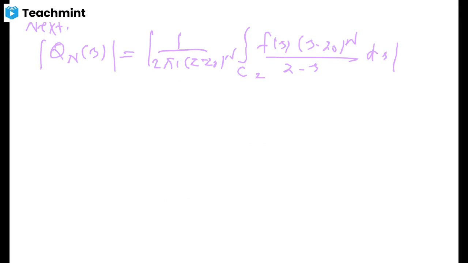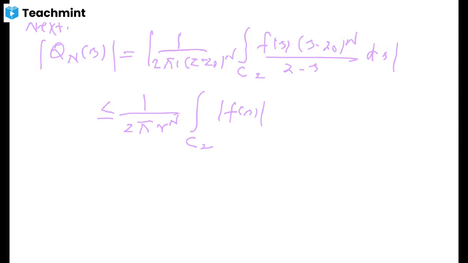Now you use the strength of the modulus and the triangle inequality for integrals. You will have this thing less than or equal to 1 upon 2 pi, and since the distance of z from z naught is r, I'm writing directly r to the power n, which is mod z minus z naught to the power n, times the integral over C2 of mod of f of zeta.